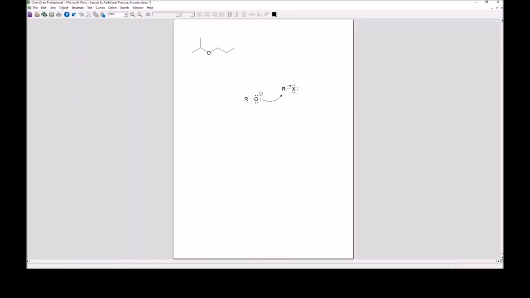So in this question, if we're going to make an ether, it's going to be a strong base alkoxide. And the only way we can get that Sn2 reaction to work is to have a primary alkyl halide. So really the question becomes, what alkoxide reacted with what primary alkyl halide will give me this compound right here?